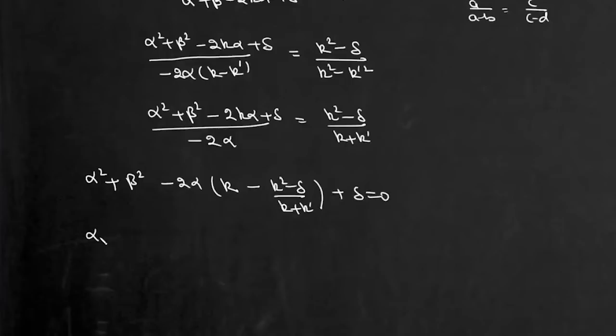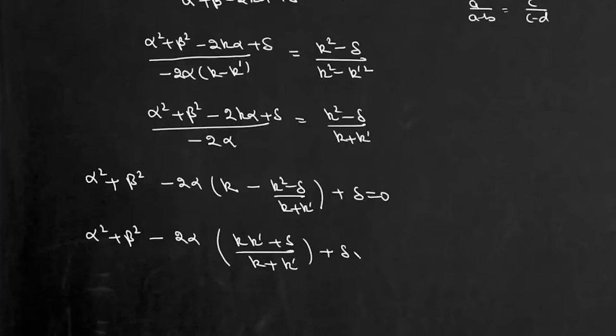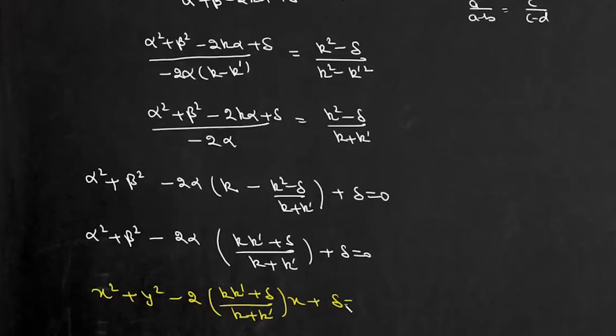Now here k square will cancel, so it will be alpha square plus beta square minus 2 alpha into k k dash plus delta upon k plus k dash, plus delta equals to 0. So locus of this point P will be x square plus y square minus 2 into k k dash plus delta upon k plus k dash x plus delta equals to 0, and which is what we need to prove in this question.